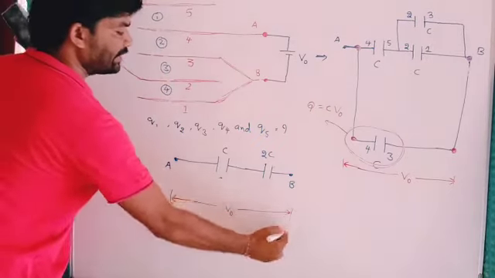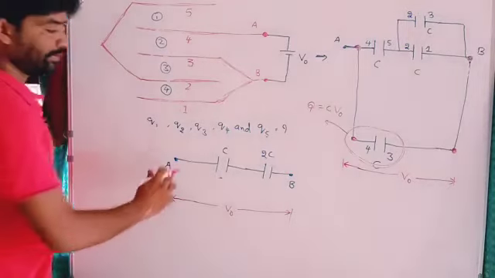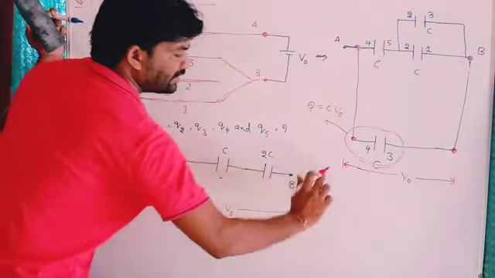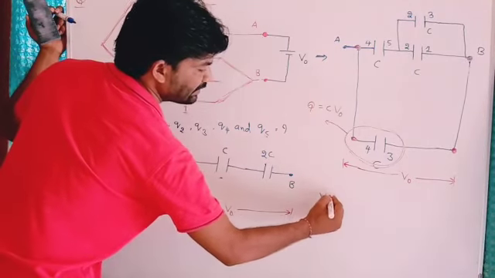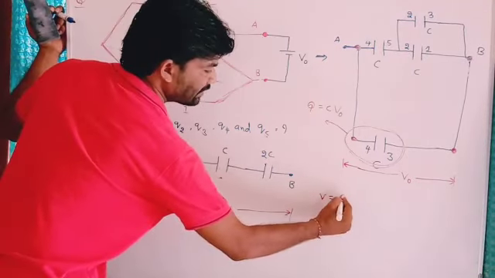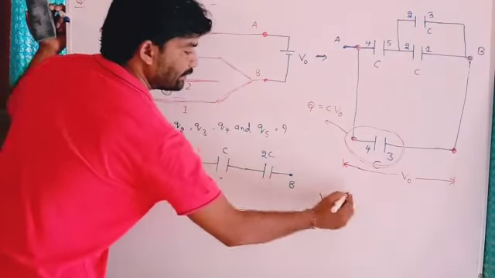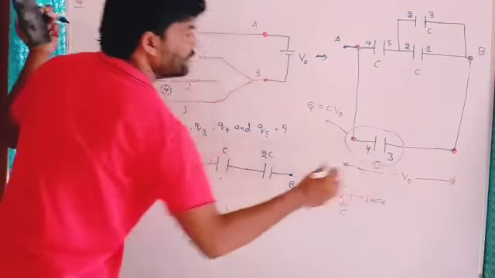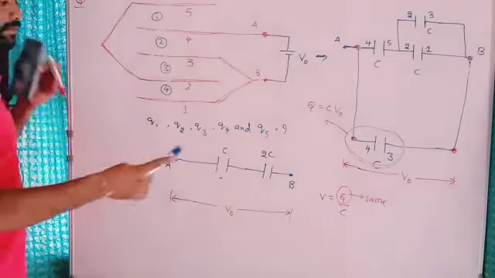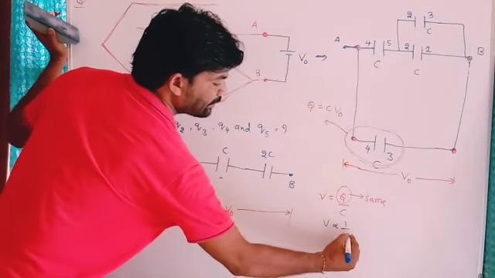This V naught is distributed to these two, which are in series. Series means the potential difference across a capacitor is Q by C, and Q is the same for these two.